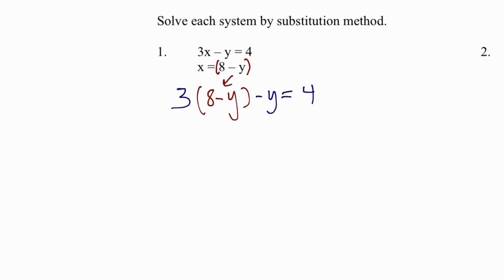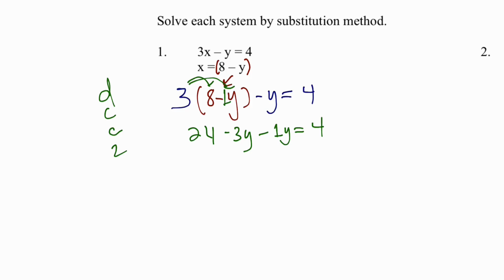Okay, so now I'm going to solve this. I'm going to do my distribute, combine, collect, and 2 steps. So distribute: 3 times 8 gives me 24. 3 times a negative y gives me negative 3y. Remember, that's a negative 1, so 3 times negative 1 is negative 3. And then I have a negative, again, I'm going to put that 1y there, so I remind myself that it is a 1 there.